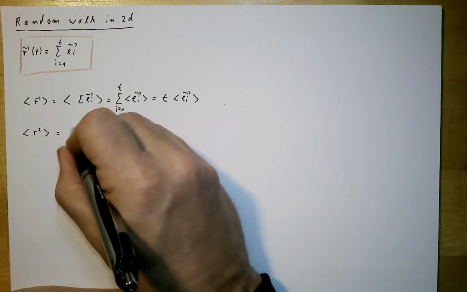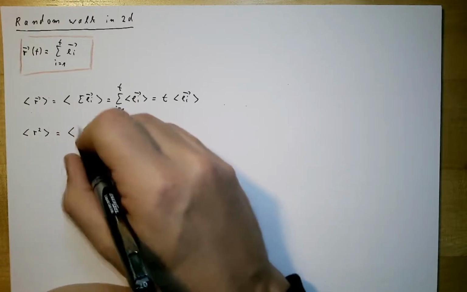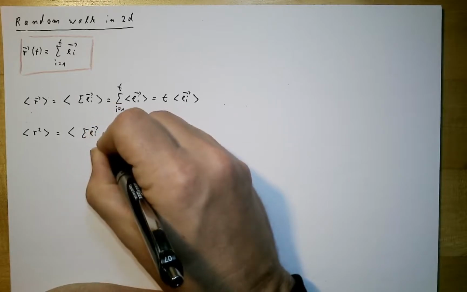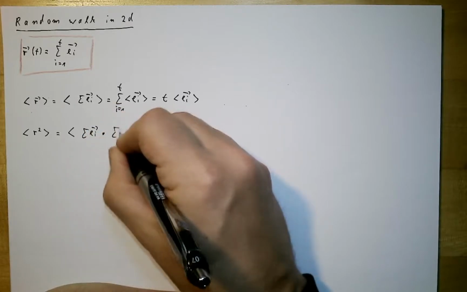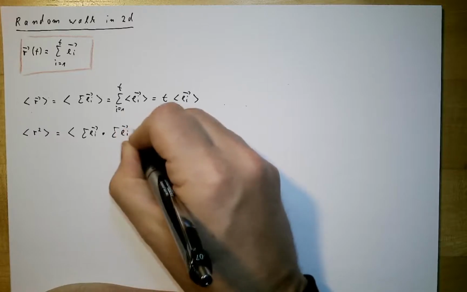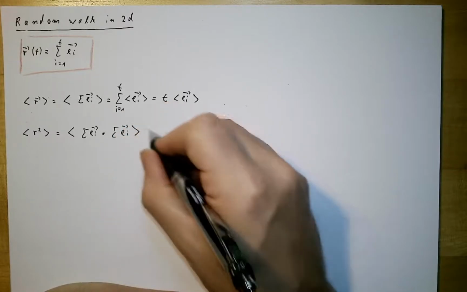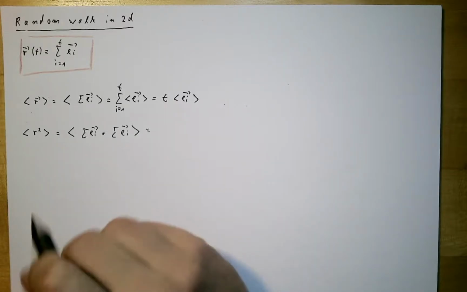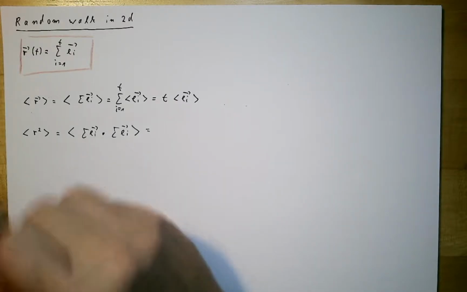This is now the expectation of the sum of the increments times the sum of the increments. And again, it's the same thing that we had before, we just have the vector arrows.